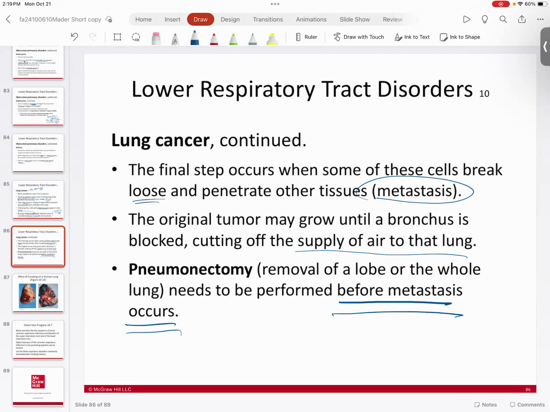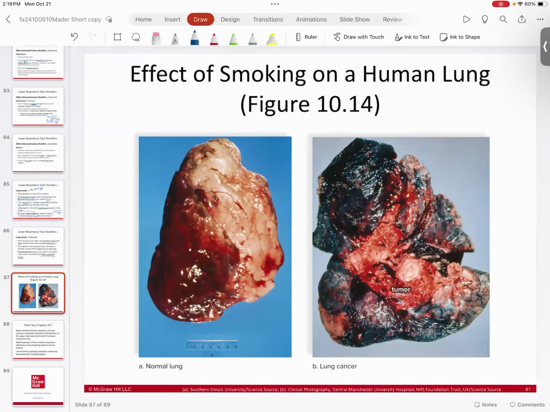Right? So this is actually what the lung looks like. On the left, you can see a normal lung. You can see nice little fatty deposits there, kind of nice and red. And then the lung cancer lung. You can see the blackishness of it. Oftentimes the black is associated with necrotic tissue.